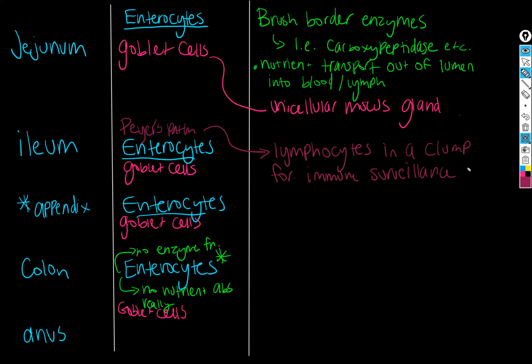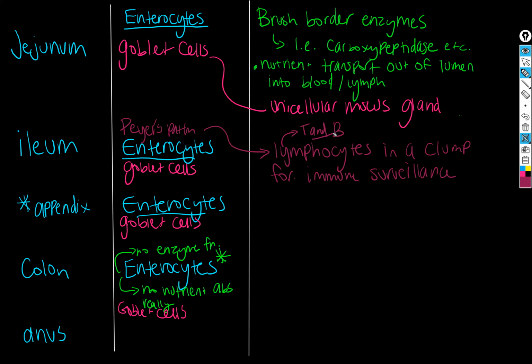So because of the ileum's proximity to the cecum, which is part of the colon and a place with abundant bacterial life, you want to keep an eye on all that stuff, especially in the small intestine. So that's really what the Peyer's patches are for. They are lymphocytes. They're T and B cells. And they're going to be a hodgepodge of memory cells, helper cells, etc.